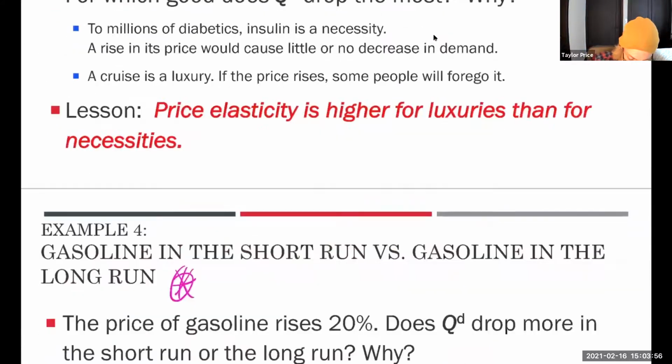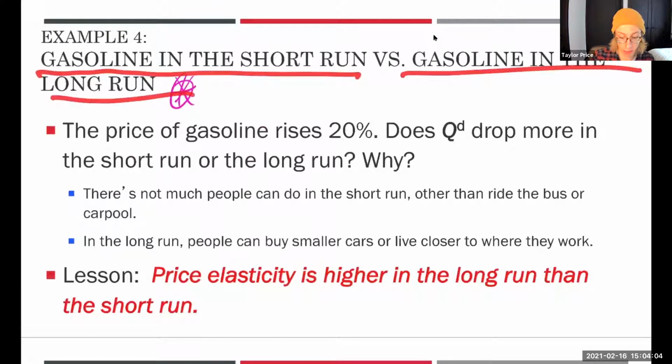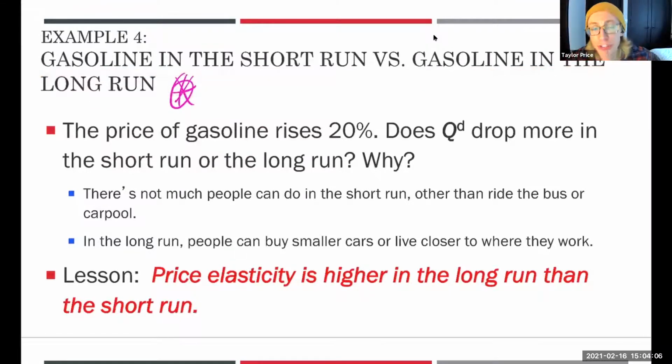And then the final example is the time horizon. Let's think about gasoline in the short run versus gasoline in the long run. Once again, we have the same setup of a price increase of 20%. Let's look at the short run. In the short run, there's not really much you can do to avoid consuming gasoline.